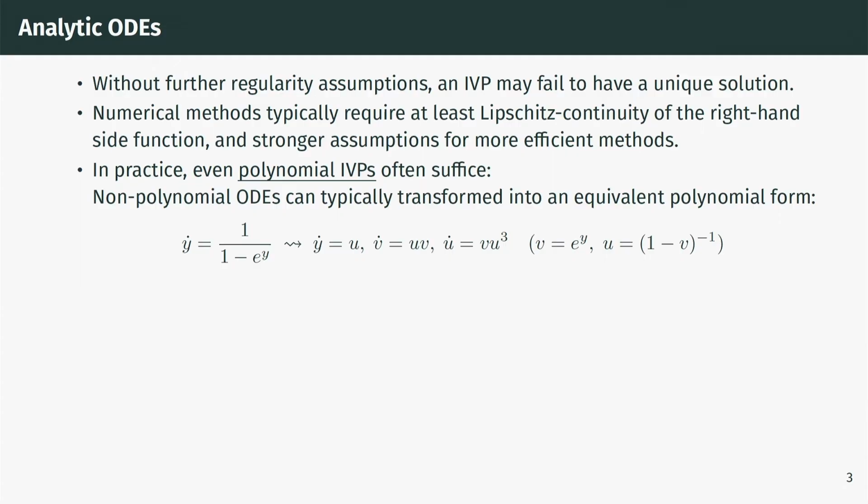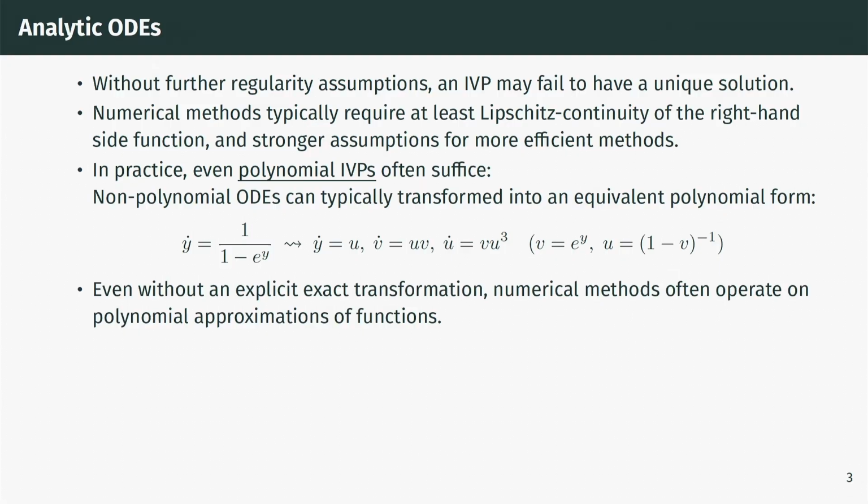Right, so this works in this example, and it also works for all elementary functions and many other functions; you can mechanically transform it to a polynomial system. And even if you don't have such an explicit transformation, often in numerics you work with something like Taylor models or other polynomial approximations. So you operate on polynomial approximations.